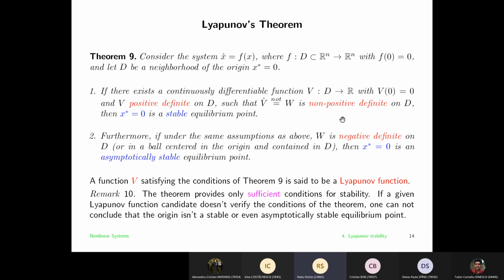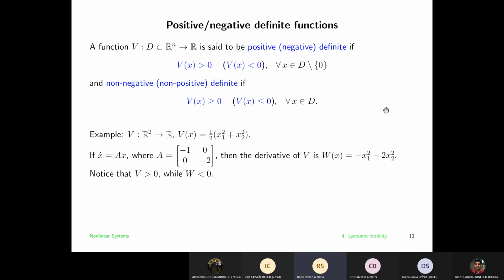And we are allowed, or even keen, to find the right neighborhood of the origin. So the property and the theorem is a local one. Yes, sometimes we want global stability, but that's another story. But usually when we want stability or asymptotic stability, it's a property which goes local on the equilibrium point. V can be as small as necessary if we get the derivative negative definite on D. It's absolutely no problem on that.